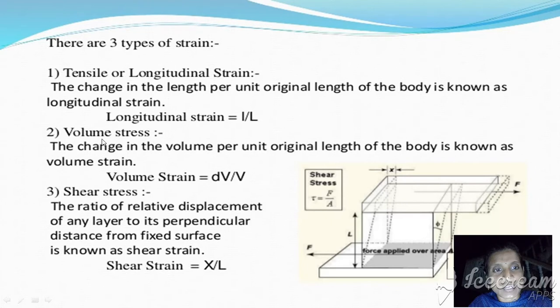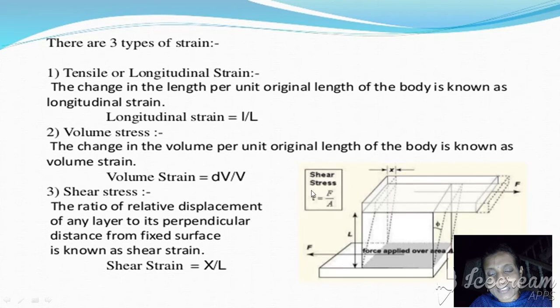Volumetric stress correlates with volumetric strain, and shearing stress correlates with shearing strain. The first one is the change in length by original length, change in volume by original volume, and change in shape by original shape.